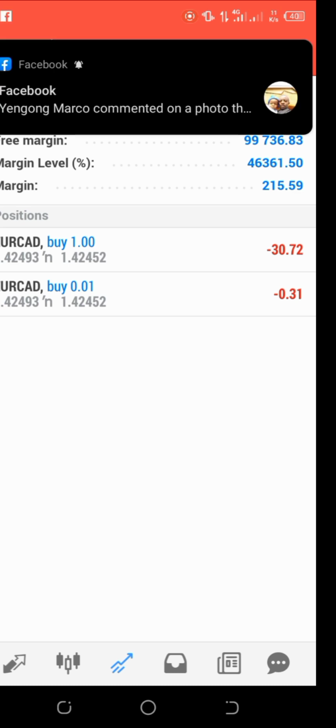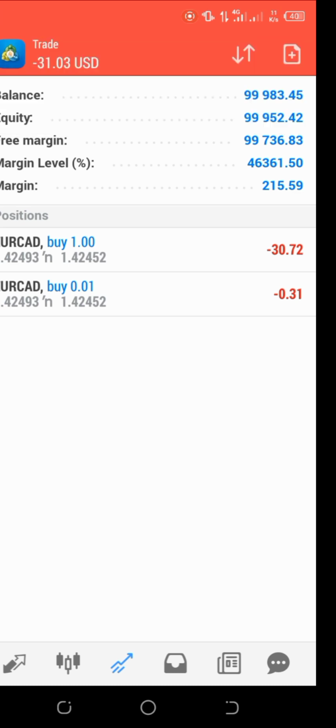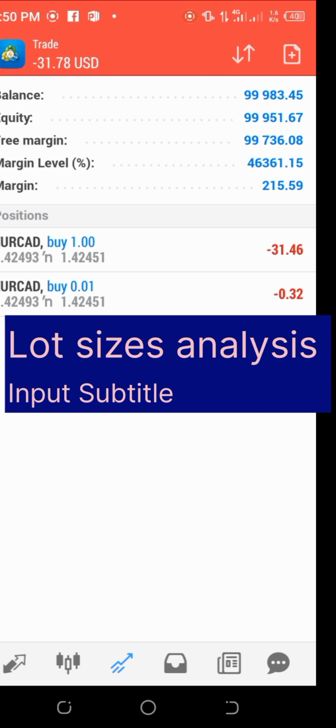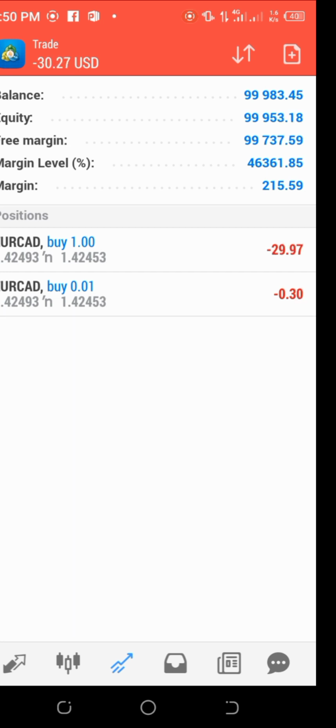The trade of 1 is a standard lot size, and the buy of 0.01 is a micro lot size. We have many lot sizes: standard lot size, micro lot size, and mini lot size. That's how you execute a trade.